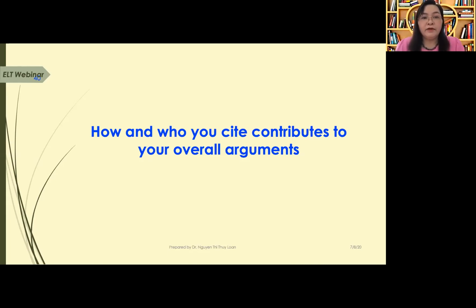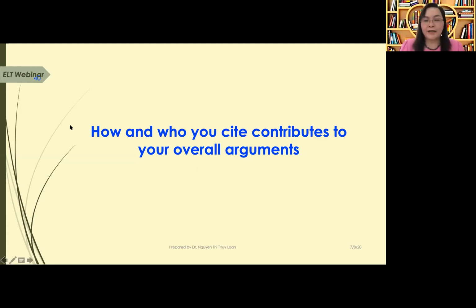If you need the detailed one, maybe another webinar, not today's. So I will show you some examples in order for you to see the significance of citation in writing the literature review chapters. Again, how and who we cite contribute to our argument, strengthening or weakening our argument in the literature review chapter.